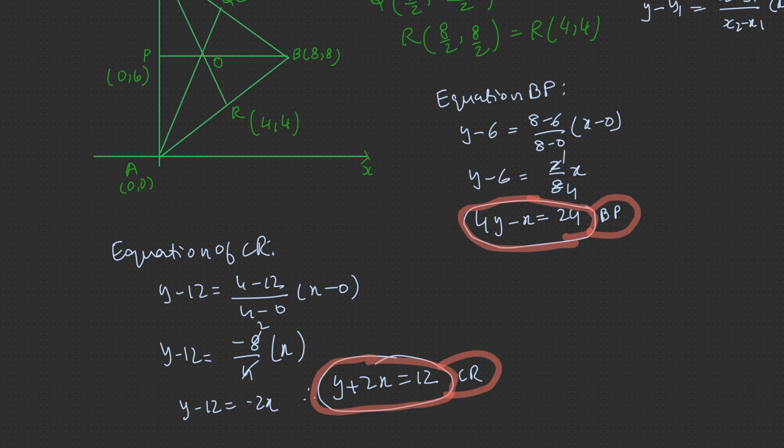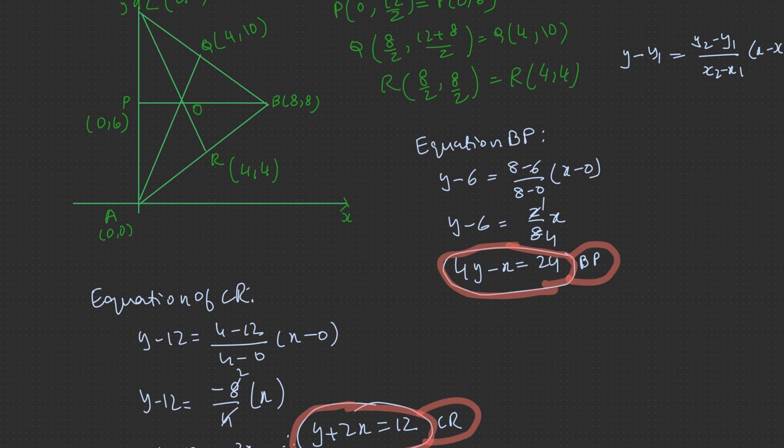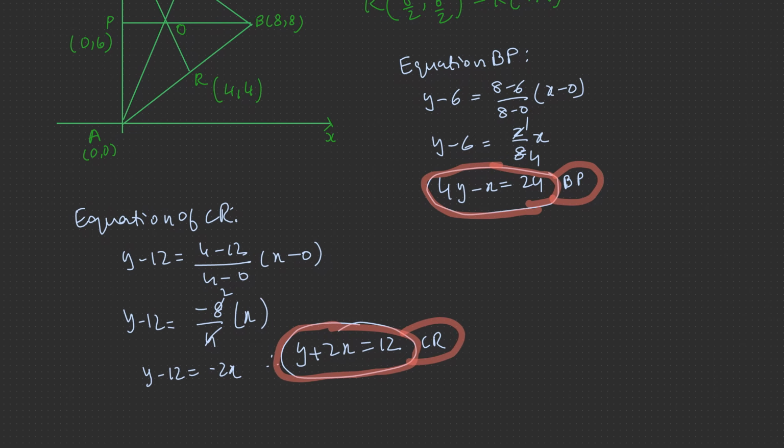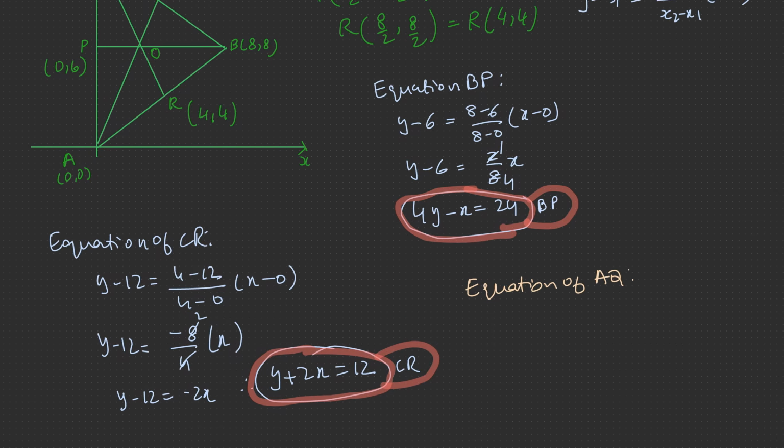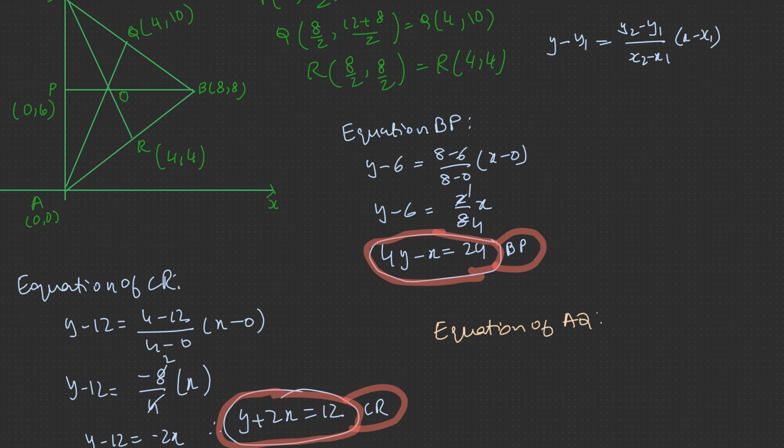Then we will find the equation of AQ. So y minus 0 equals 10 minus 0 over 4 minus 0 times x minus 0.